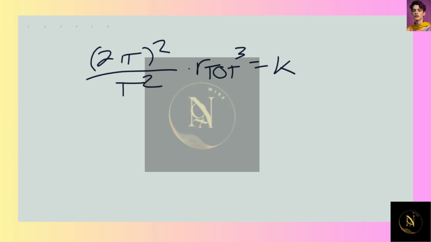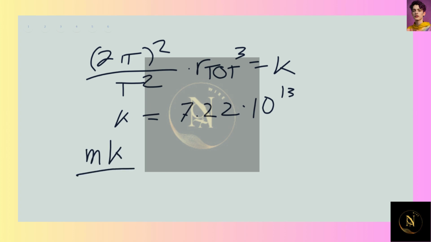Now, when we plug in our quantities here, we find that k is equal to 7.22 times 10 to the 13th. So in order to solve for our weight, all we have to do is plug in that equation that we found earlier, m k over r squared. Remember, we only have one mass because we're calculating the weight, not the total force.